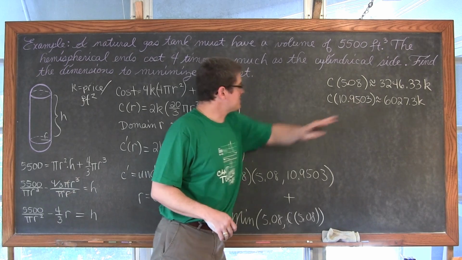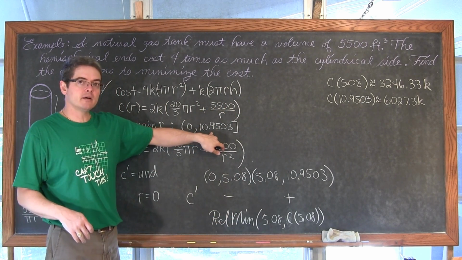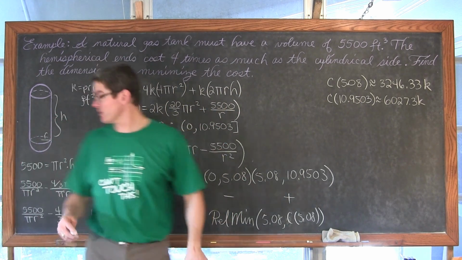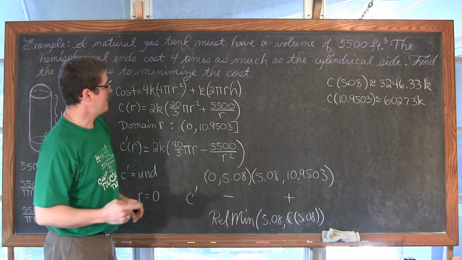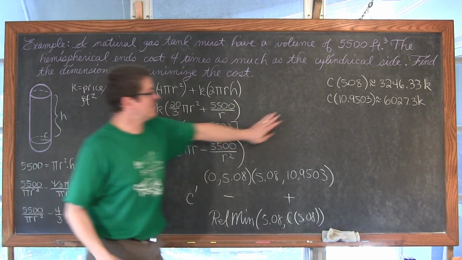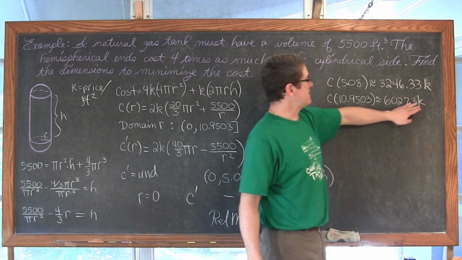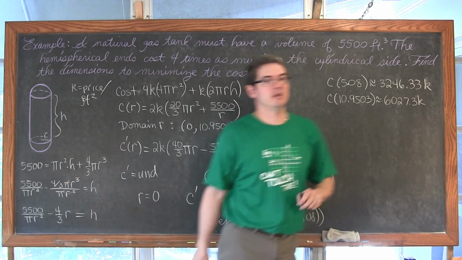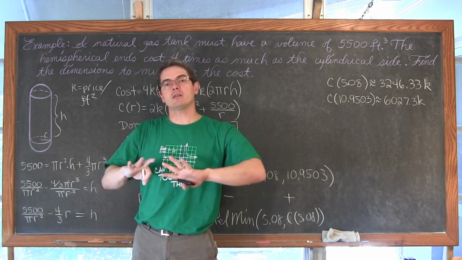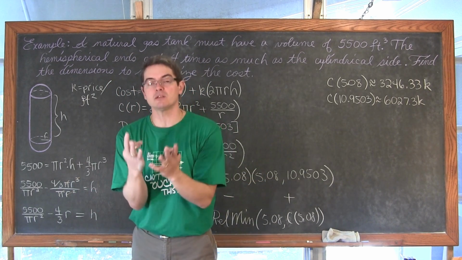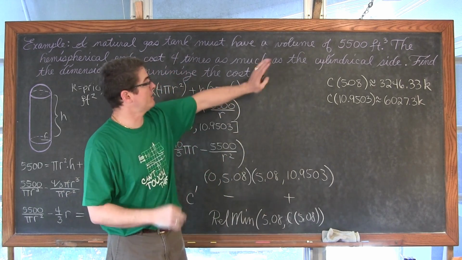Then the other test interval, when we let the radius expand as much as possible, reducing the height to 0 and basically having a sphere as our tank, came out to be a cost of 6,027.3 K. Remember, we're not talking about the most efficient way, we're not minimizing the amount of material it takes to hold this volume of 5,500 cubic feet.